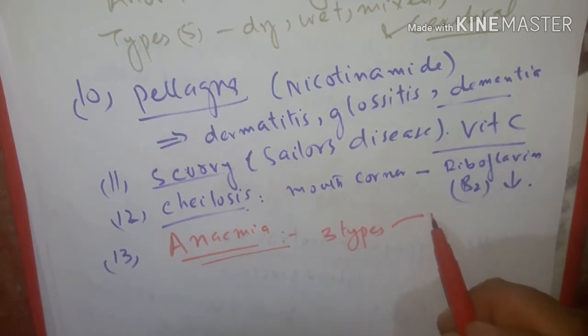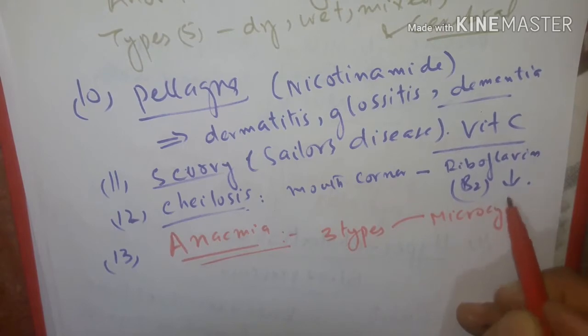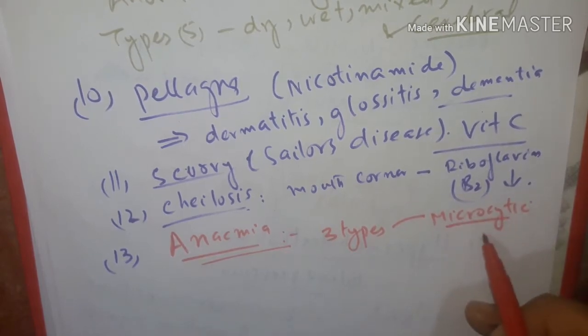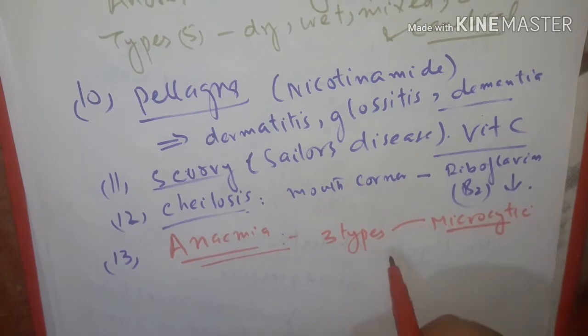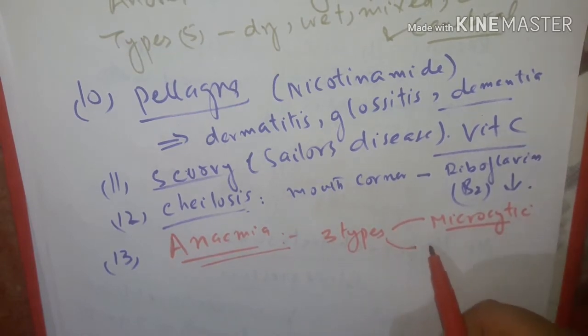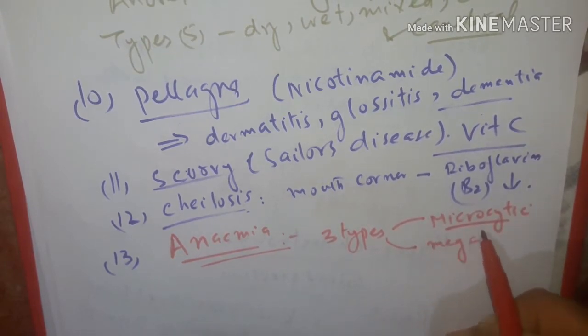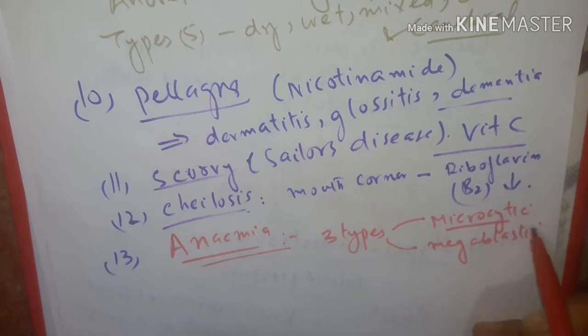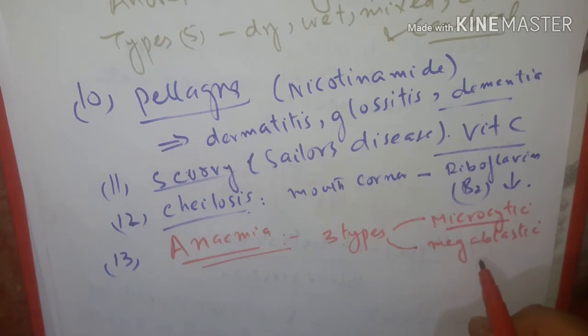It has 3 types. One is microcytic, most common, due to iron deficiency, leading to smaller erythrocytes with reduced hemoglobin. Second is megaloblastic, macrocytic, due to fewer abnormal red blood corpuscles caused by deficiency of folic acid or B12.